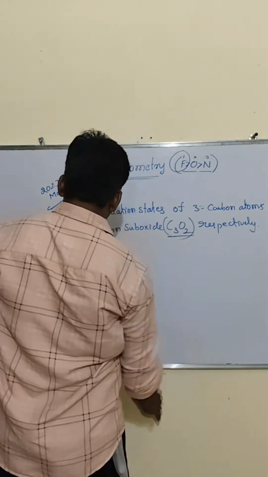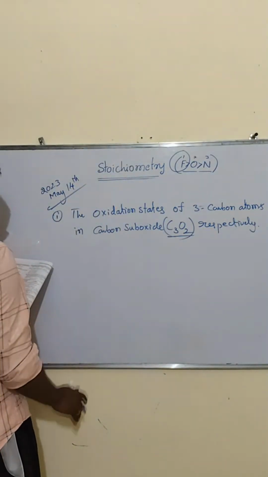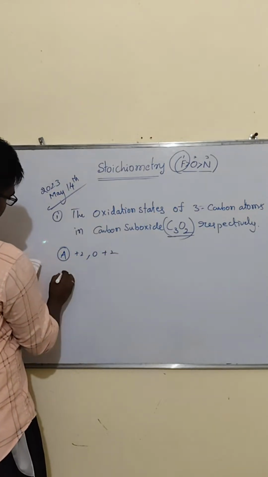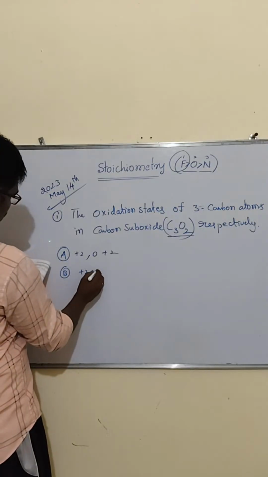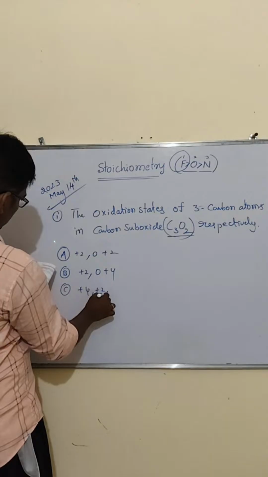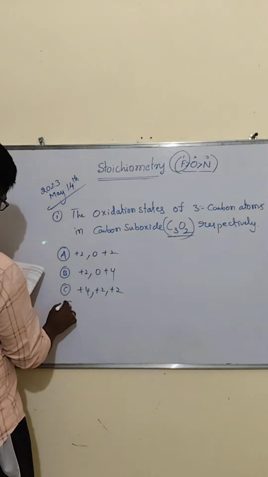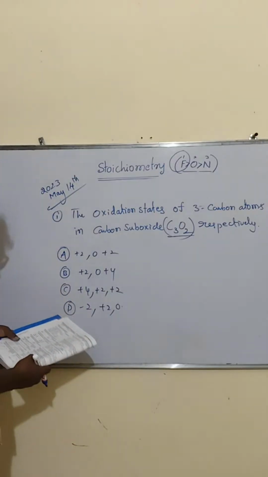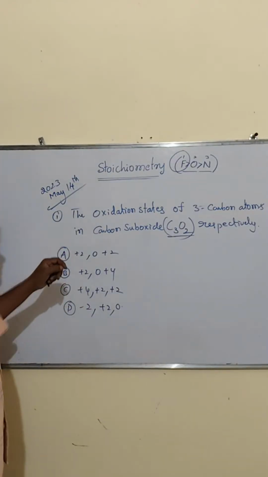Options are given: option A +2, 0, +2, then option B +2, 0, +4, then option C +4, +2, +2, then option D -2, +2, 0. So they're asking the oxidation states of the 3 carbon atoms.